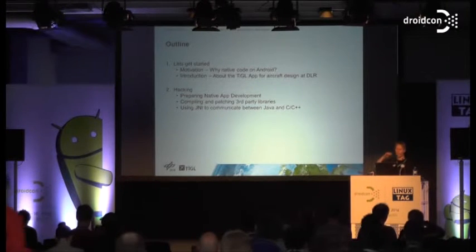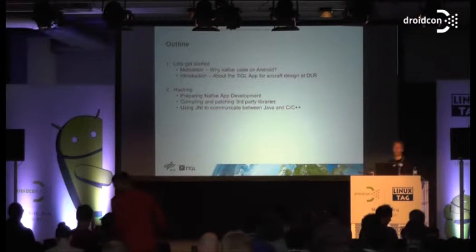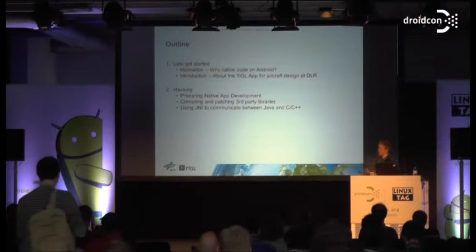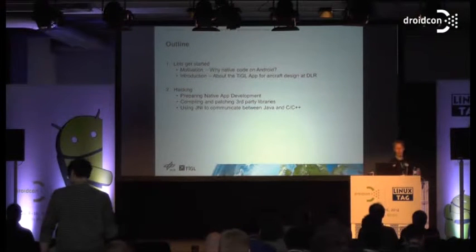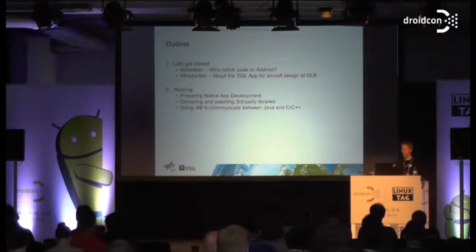So you want preparation steps, all the steps in compiling third-party libraries and patching your code, and how to use the Java Native Interface to communicate between the Java world and the C++ world. And I'm also doing some coding. I hope you won't be bored with this coding stuff.